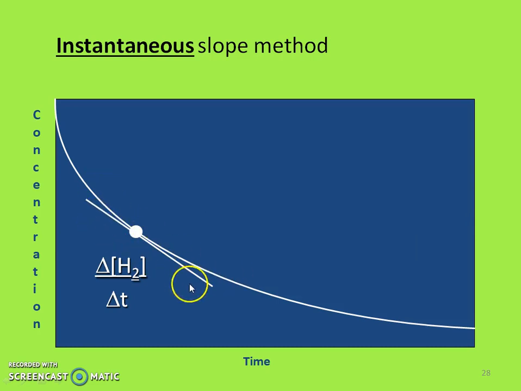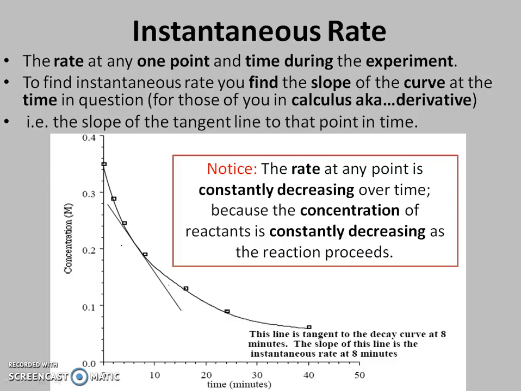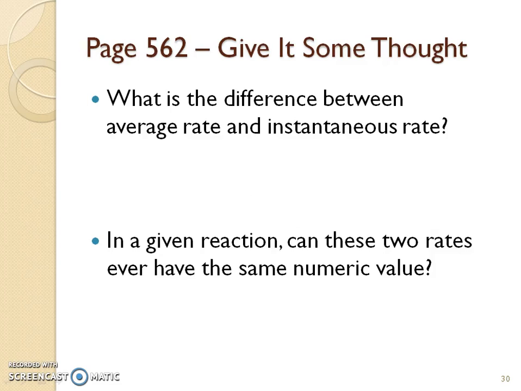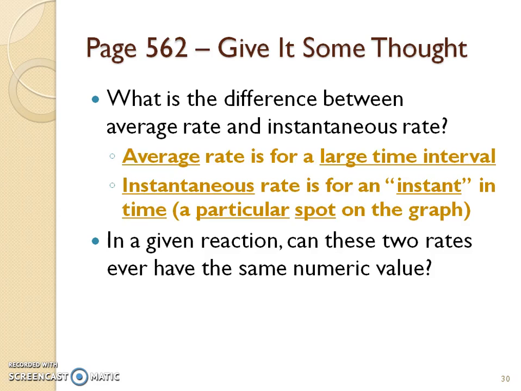Because it's a curve, we would need that tangent in order to find the actual instantaneous rate or instantaneous slope right at that moment. So read this over. Hopefully this makes sense now between instantaneous rate, and we will not be doing this, and we will not be doing calculus. So now give this some thought. What is the difference then between average and instantaneous rates? Hopefully that makes sense.